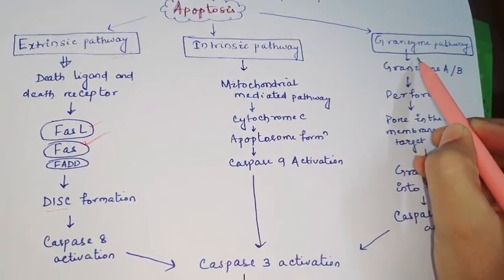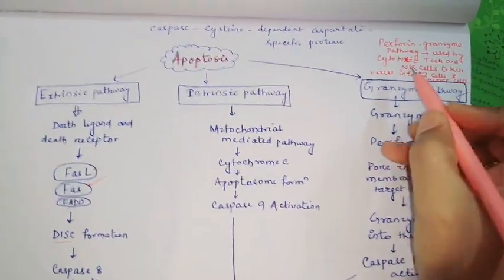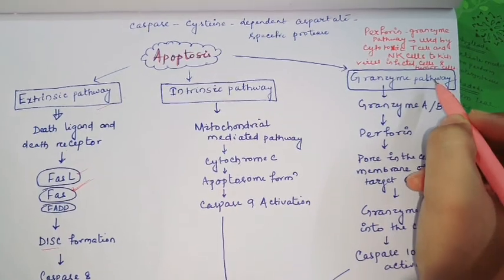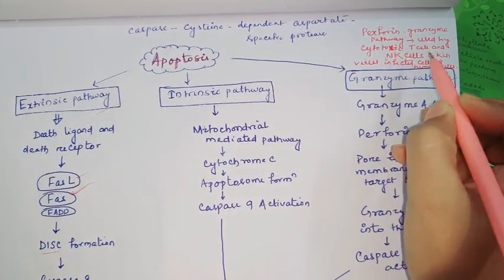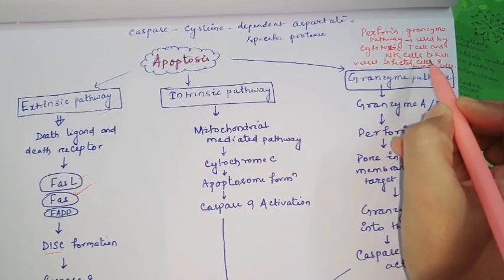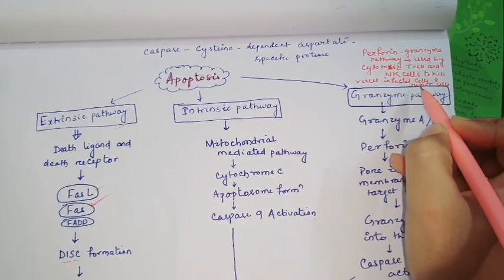Next one is the granzyme mediated pathway. So this granzyme pathway is mainly used by our cytotoxic T cell and NK cell or natural killer cell to kill virus infected cells or tumorous cells.